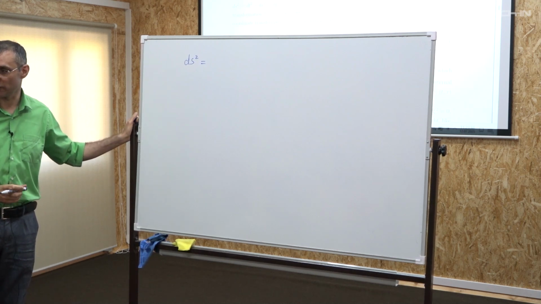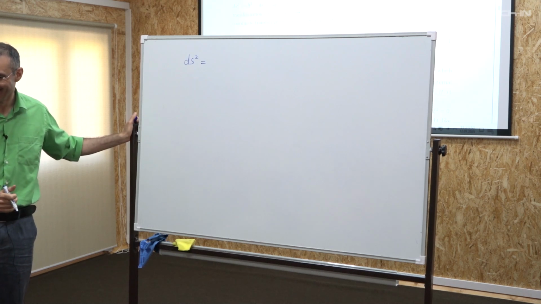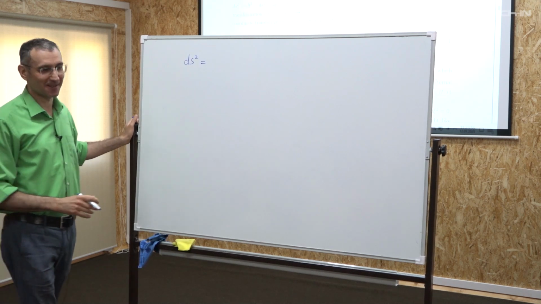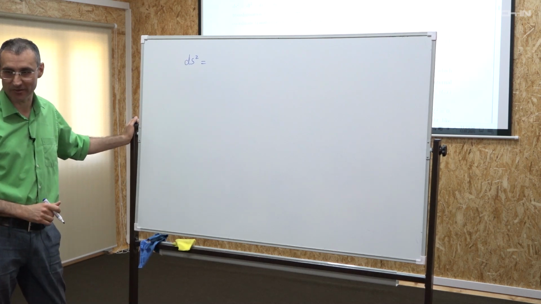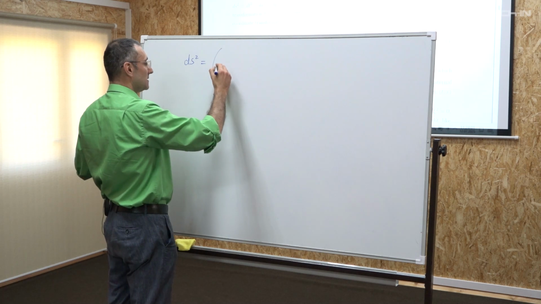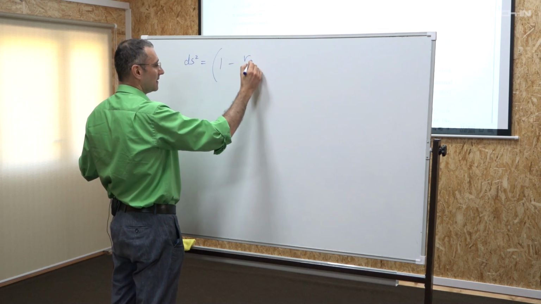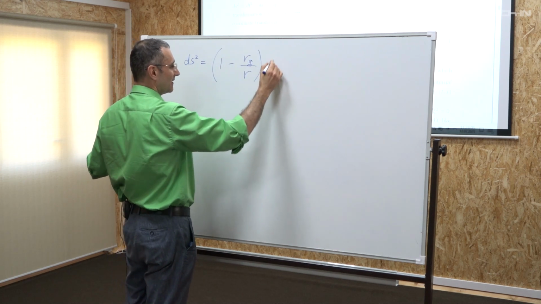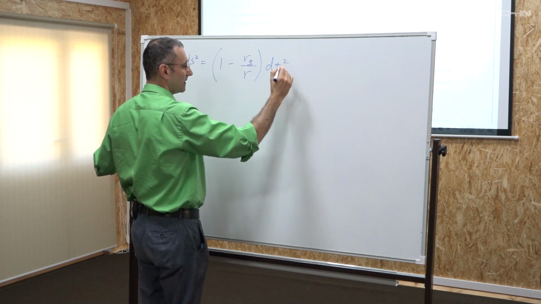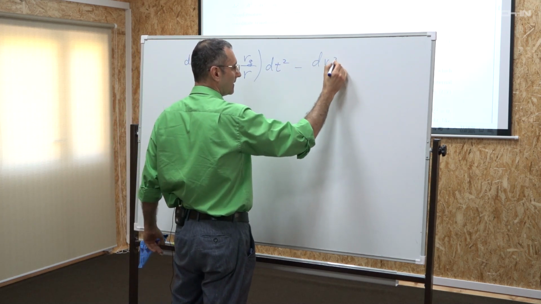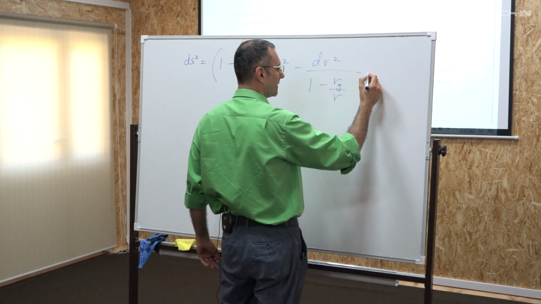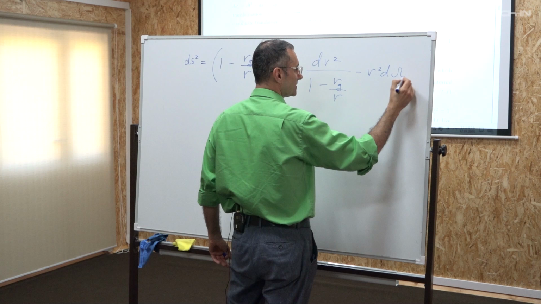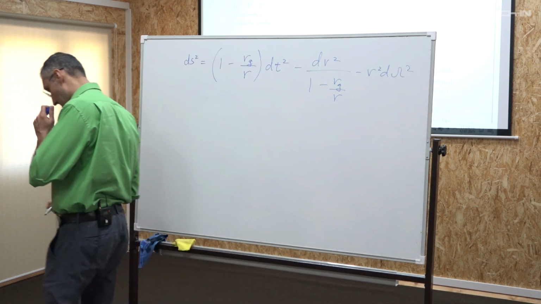I assume that you know them and can solve. Anyway, it will take another 2 or 3 lectures. Let's not spend time on that. This is the famous Schwarzschild metric.